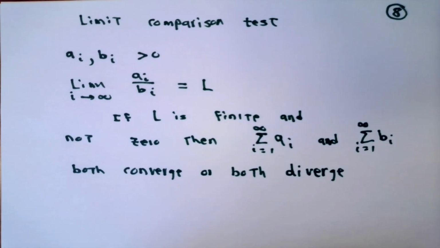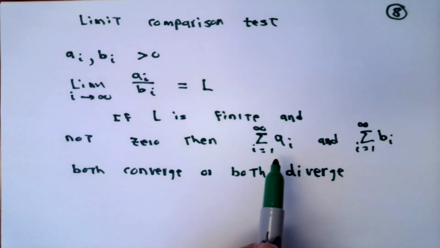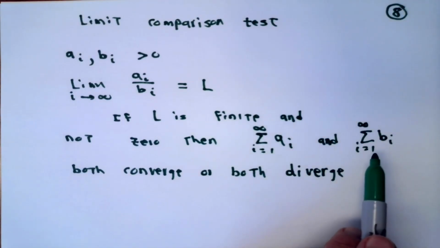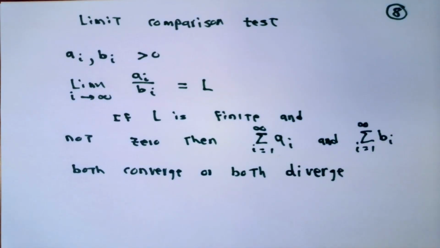We look at the limit as i tends to infinity of a_i over b_i, call that limit L. If L is finite and not zero, then the infinite series based on the a numbers and the infinite series based on the b numbers both converge or both diverge. In this case, there's no need to worry about which of the a_i and b_i are larger than the other one. So in many cases, this is more convenient to use.